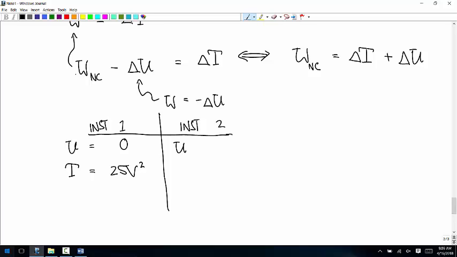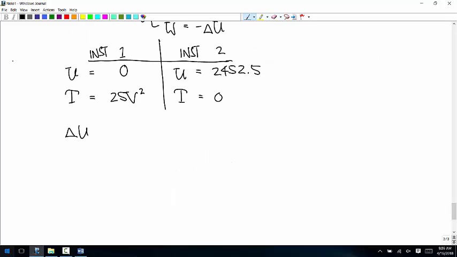What's the gravitational potential energy at the top of the hill? Yeah, 2452.5. That's mgh. And what's the kinetic energy at the top? 0. And so now if we put these together, the change in potential energy is 2452.5 minus 0.